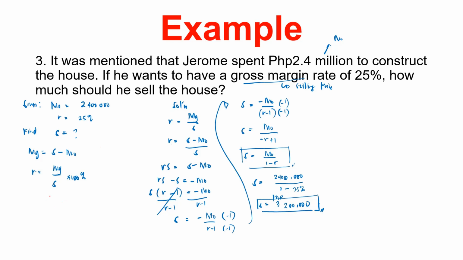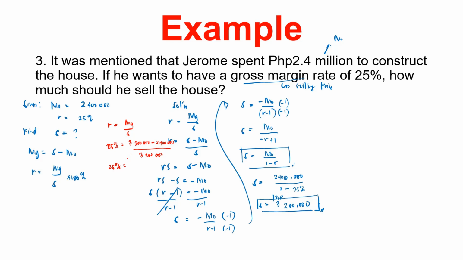Okay, again, para lang ma-identify natin na proportion sila, class. Ipakita natin. We have the rate and the gross margin over selling price. Our rate is 25%. We all know that gross margin is selling price minus the cost price. So we have 3,200,000 minus 2,400,000 all over the selling price, which is 3,200,000.